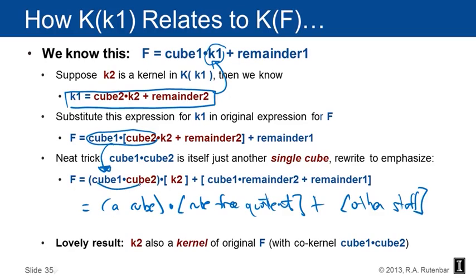And the cube that we're talking about is cube 1 and cube 2, and the cube-free quotient is K2. And so what have I just said? I've said that F is equal to a cube times K2 plus junk, which means if I take F and divide it by a cube, I get K2, and K2 is cube-free. K2 is also a kernel of F with a different co-kernel. That's a remarkable, beautiful, practical result.